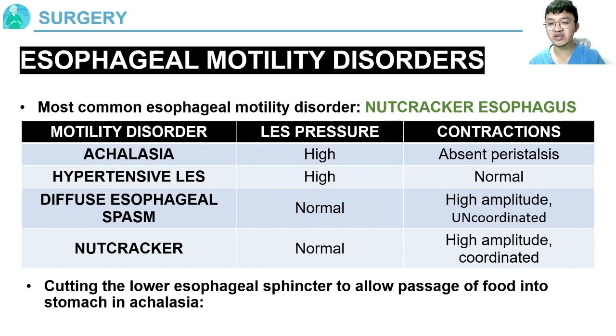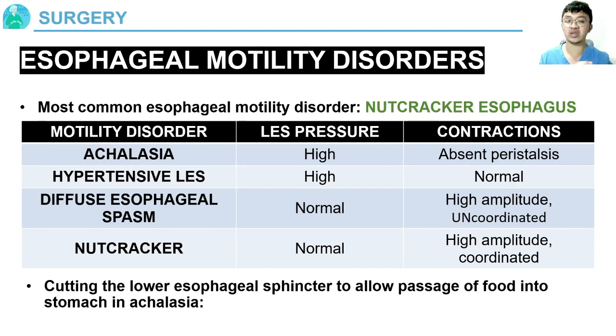Next is diffuse esophageal spasm. For diffuse esophageal spasm and nutcracker esophagus, the LES pressure is normal. The problem is not the LES but the peristalsis that occurs. For DES, it's diffuse spasm that occurs all throughout: think high amplitude, uncoordinated.